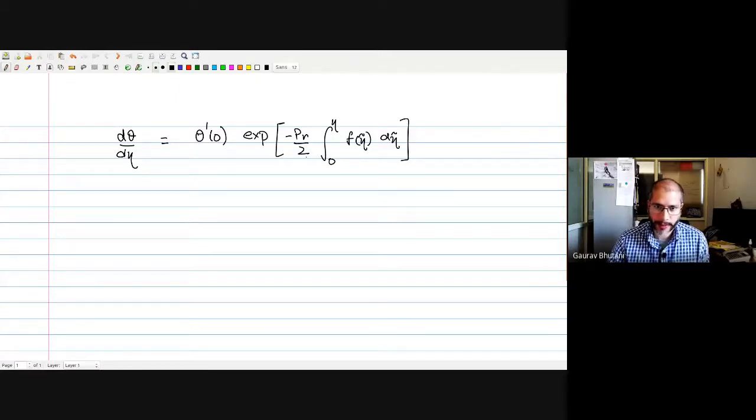But remember that now we'll have to integrate this again to find d theta. So d theta can now be written as theta prime at eta equal to 0, which is a constant, times the exponential term.